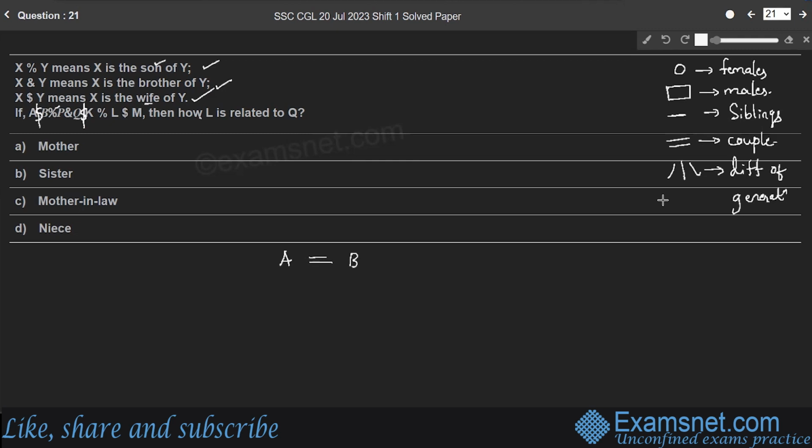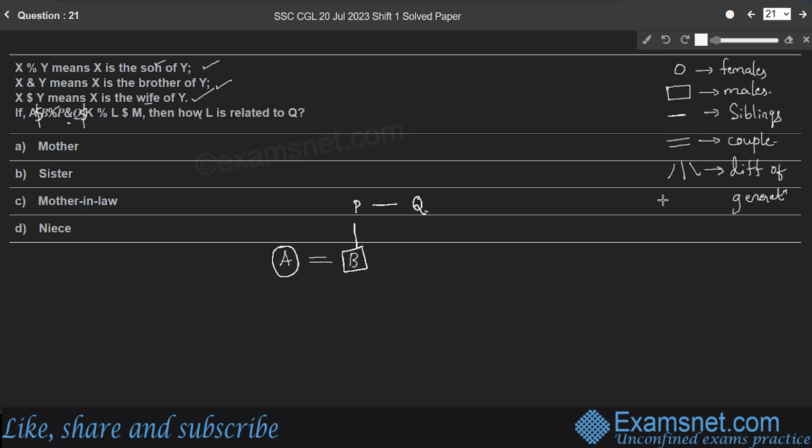So B is the son of P. Therefore, B is a male, and A is female. Then P and Q. And means the first person is the brother of the second person. Therefore, P is the brother of Q, so P and Q are siblings.